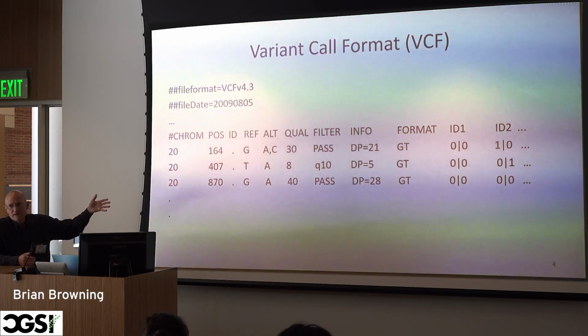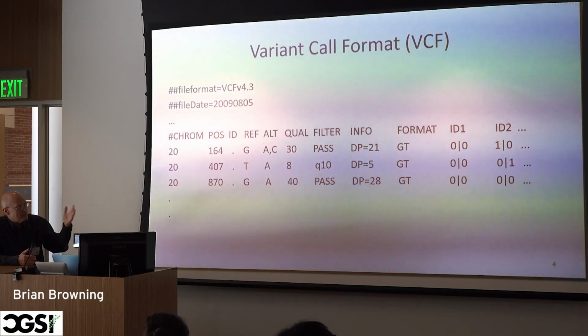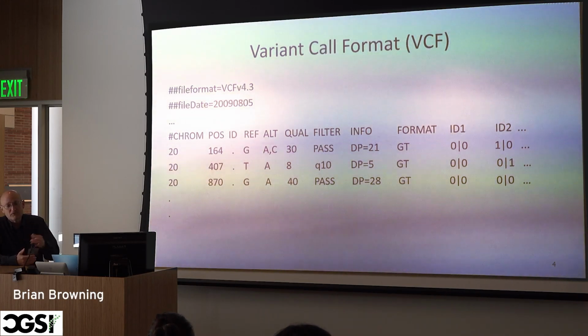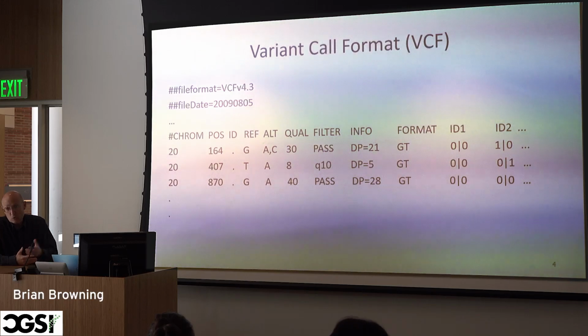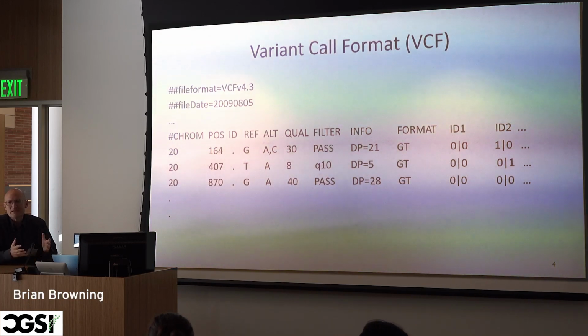You get the reference allele. You get the alternative alleles, one or, if there's more than one, you can have more than one. You have a measure of the quality, then some information, for sequence data in particular, on whether it passed the filters or, if it failed, which filter it failed, some kind of code. Those first 8 columns are not where most of the space in the file comes from. They're just giving site level information.